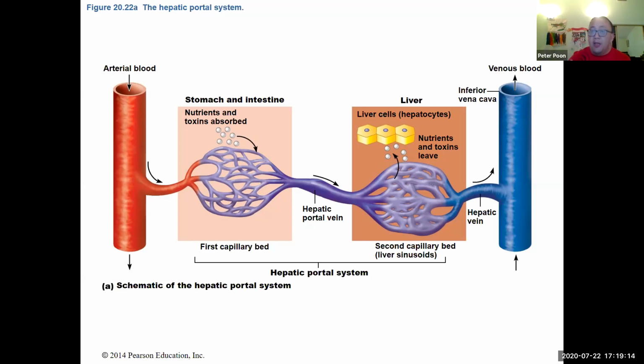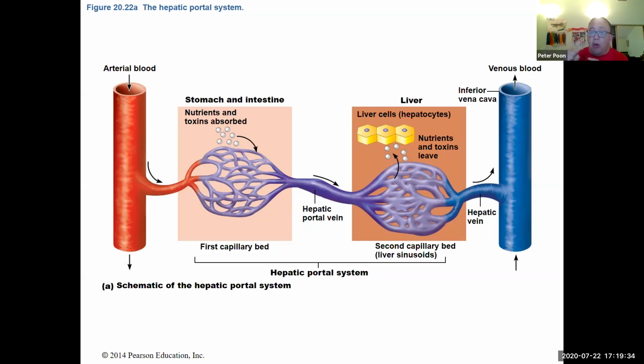bloodstream. But it stays in the veins here. All the things that drain from your stomach and your intestines drain together into this big tube called the hepatic portal vein.